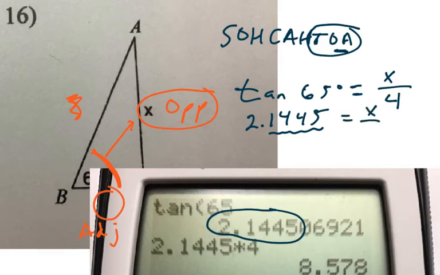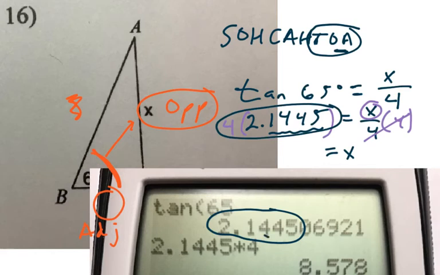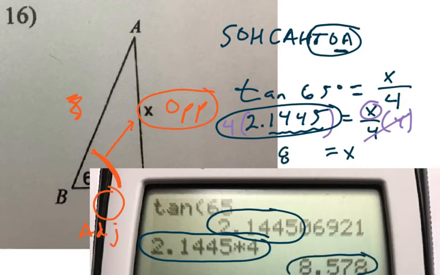And if that equals X over 4, well, we're just going to times both sides by 4 to get rid of divide 4. So X is going to equal whatever that is. And if you look right here, 2.1445 times 4 is 8.578. Rounded off is 8.6.